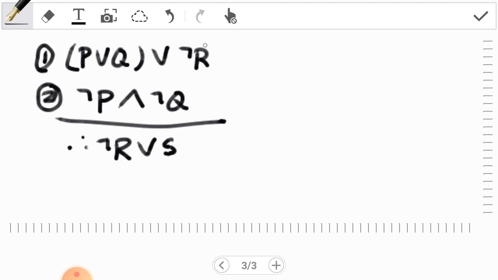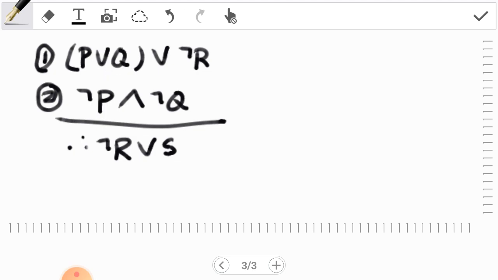Not R is present in the first premise. Therefore, we want to get rid of our propositions P and Q.